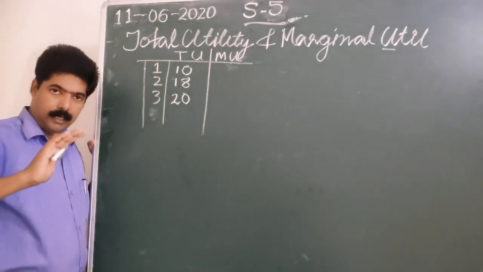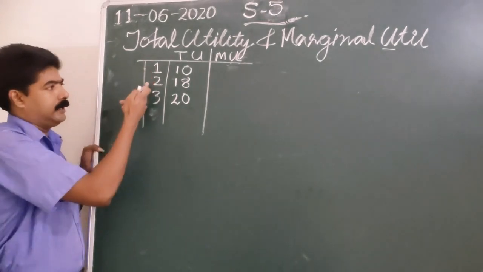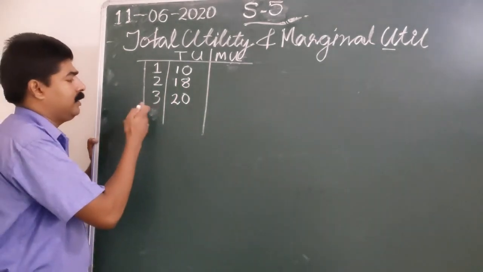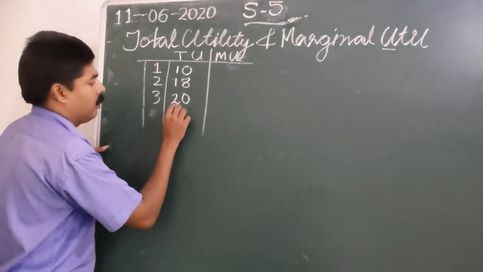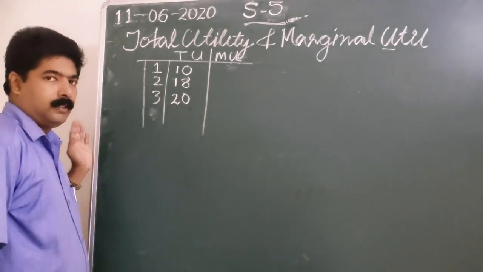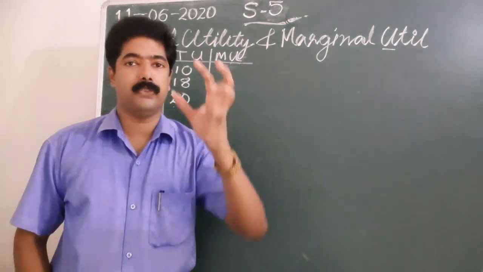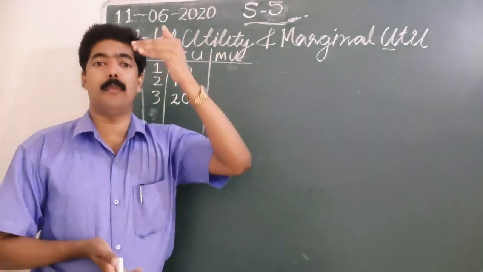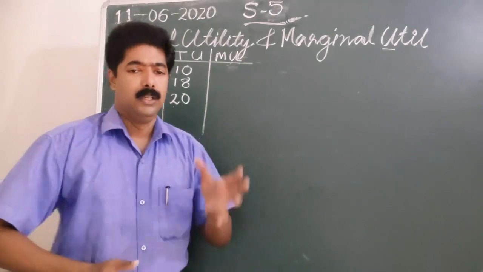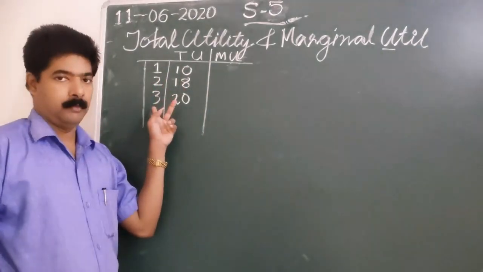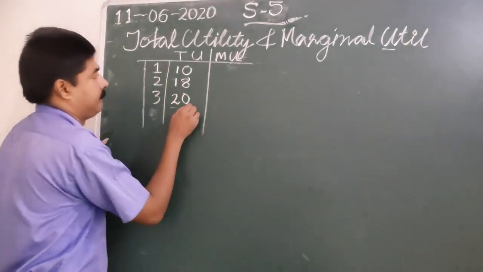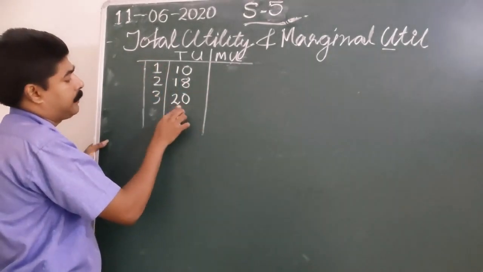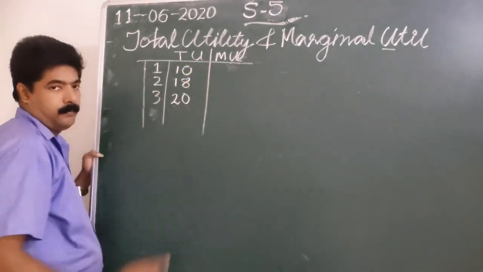When my consumption continues to the next one, my total utility increased. Again, 3 units of apple I have consumed, I have got 20 units. Total utility is the total amount of satisfaction obtained from consuming a commodity. So this is my total utility of these 3 items: first separately 10, 18, 20.